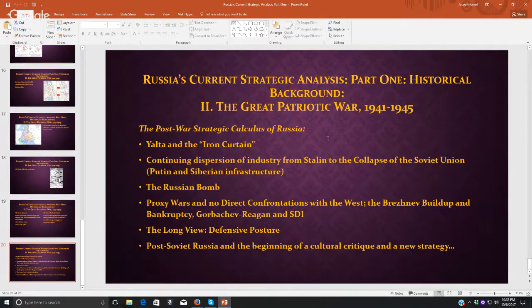So in other words, the industrial and communications infrastructure of Soviet Russia inside of European Russia after World War II is in an absolute shambles. Now, this is part of the strategic calculation that's undertaken very, very carefully.